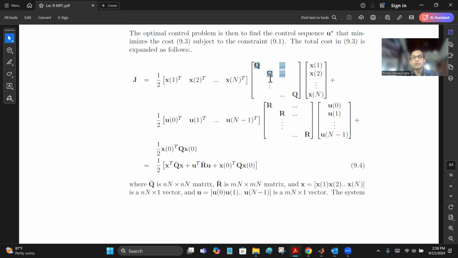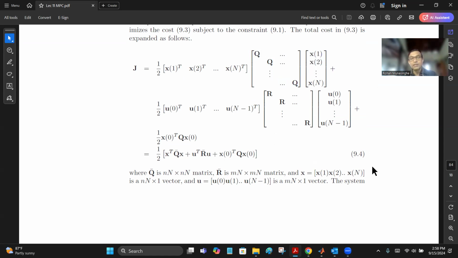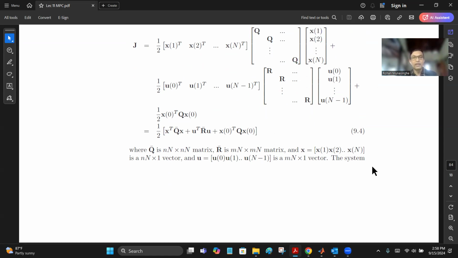And this matrix, which has the square matrices along the diagonal, is Q bar, let's say, and U transpose R bar. So that is a simple way of writing this long expression.